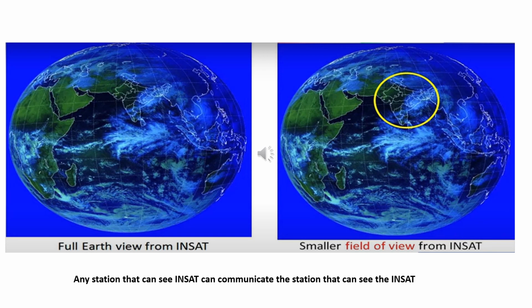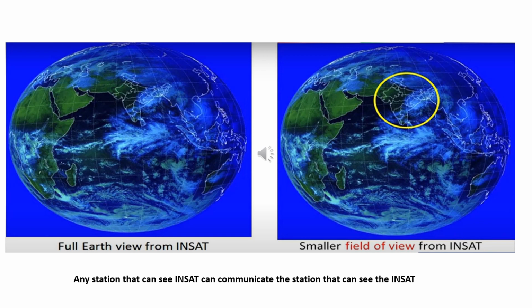If any person or any station wants to communicate with another station, both stations should see the INSAT communication system. That is the primary requirement for satellite communication.